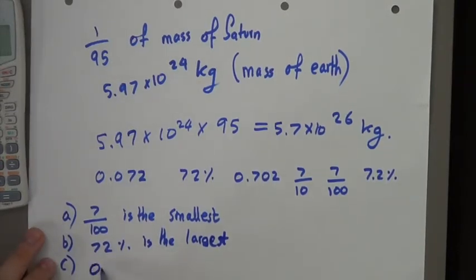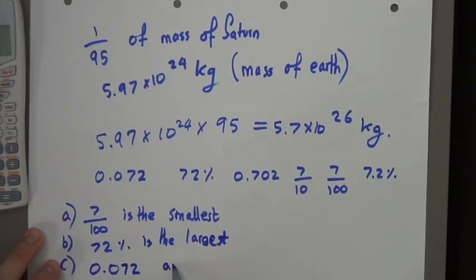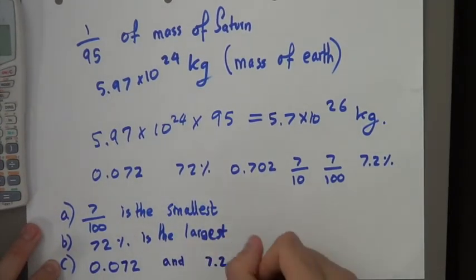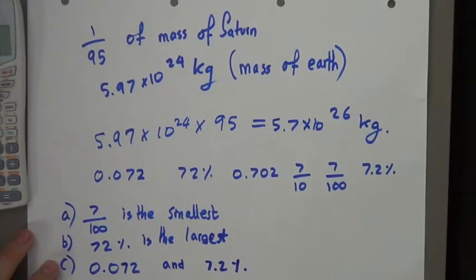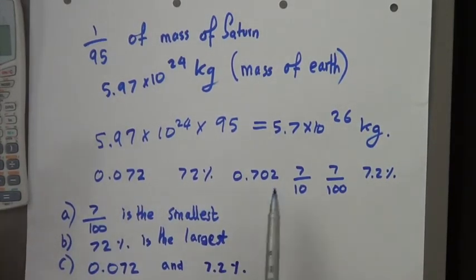Well, this one and this one are equal. Okay, so basically this question is just getting you to make sure you're comfortable with converting between decimal and fraction form and percentages.